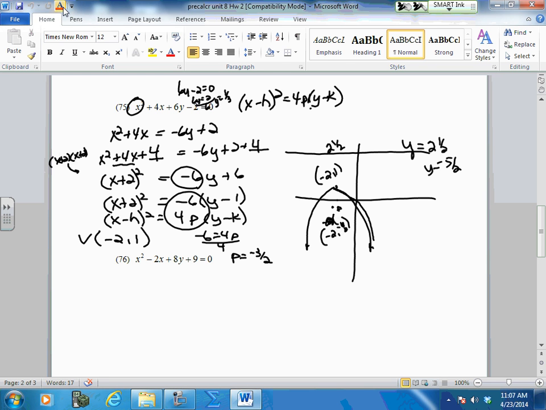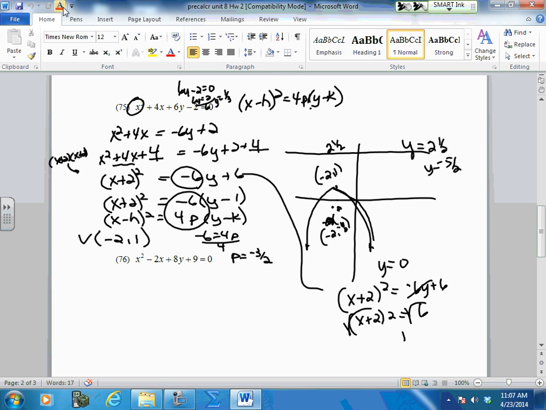And do your x-intercepts when y is equal to 0. Use this. Guys, 1 minute. You can't graph this on the calculator. So this is coming out. So therefore, when I take the square root, you get a plus or minus.